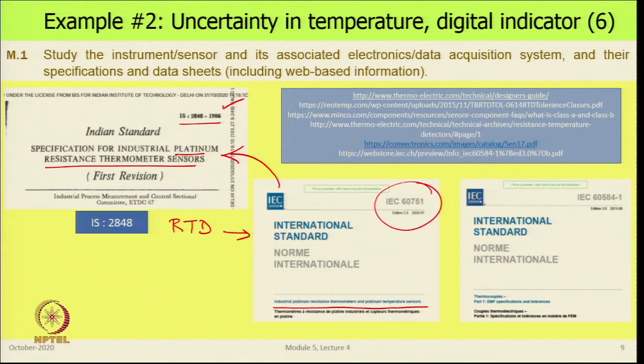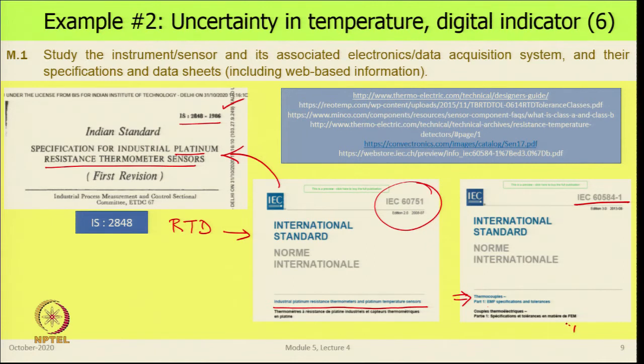Similarly, for thermocouples, there is a standard IEC 60584 part 1, part 2. As we saw, sensor manufacturers will say our sensor is class 1 as per IEC 60584, and we saw in one of the earlier slides what that means. The title is thermocouples part 1, EMF specifications and tolerances.